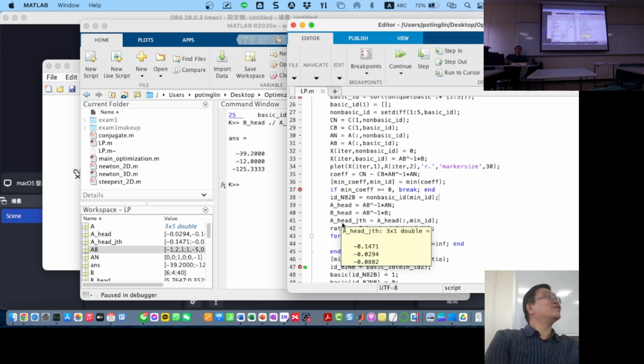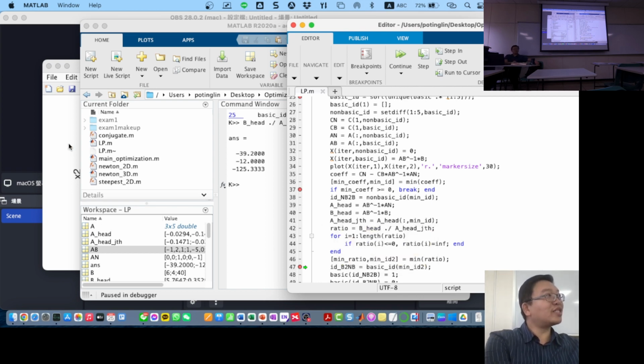Professor. Yeah. Why don't we make x1 bigger than 0 as a function? Oh, you mean why don't we choose it as a function? Yes. Because negative. By default, linear programming assumes all the variables are positive.